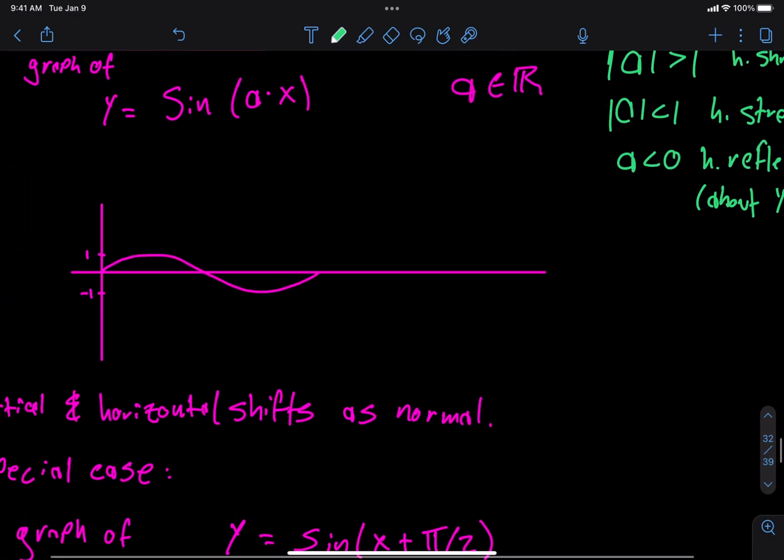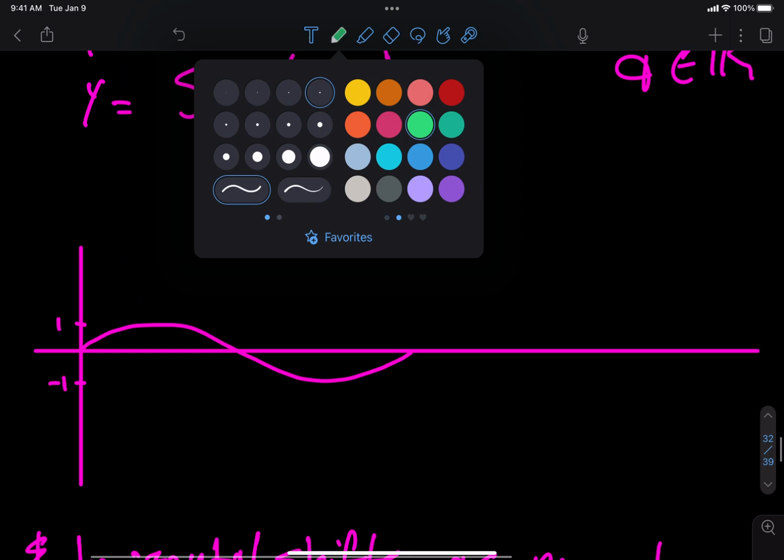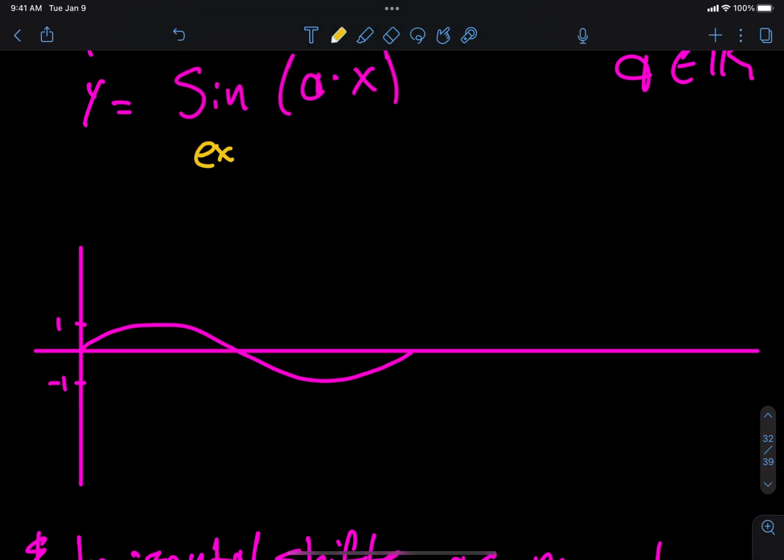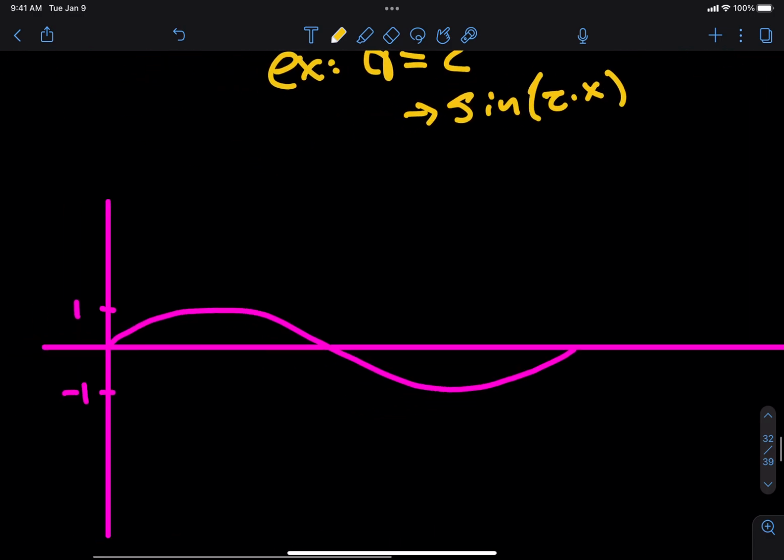Okay, so let's do an example again. Let's do a equals 2. So let's do the graph then of sine of 2x. So what do I have to do? Well, this point is going to get basically transported backwards, towards the origin.